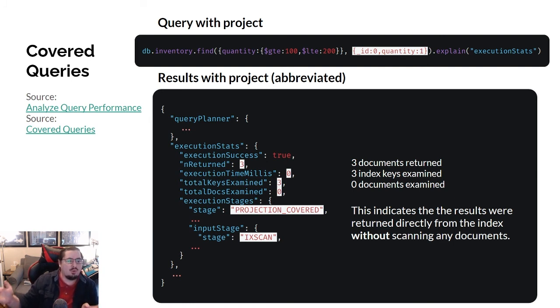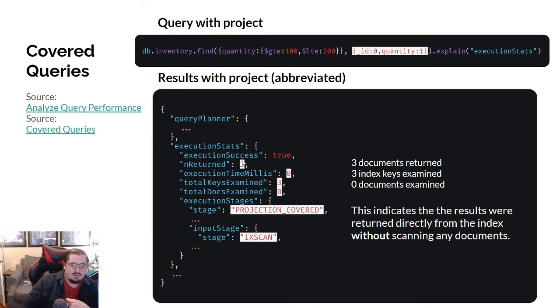Well, remember that the quantities are in that index, right? So with this here, notice the total docs examined has gone down to 0. Does everybody see that? Yeah. Because it didn't need to actually go to the collection, because all the data was in the index.